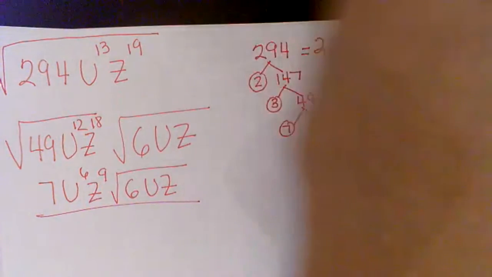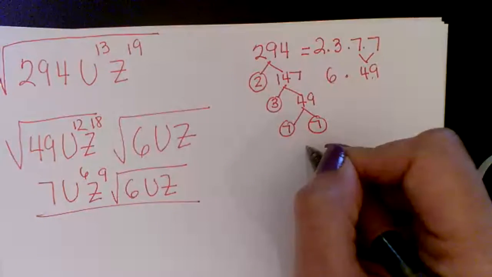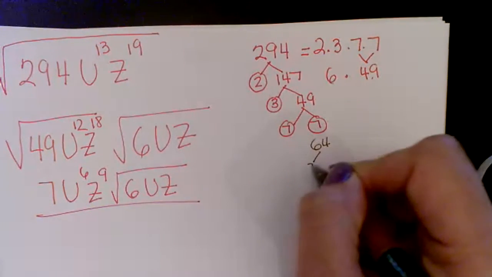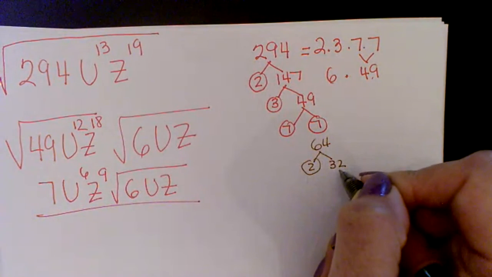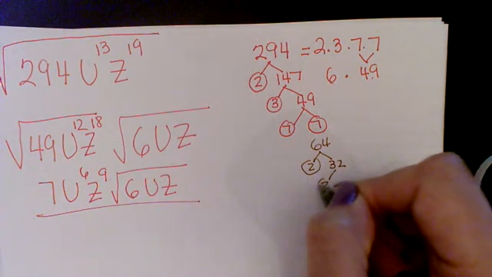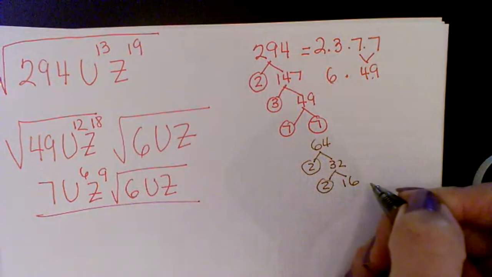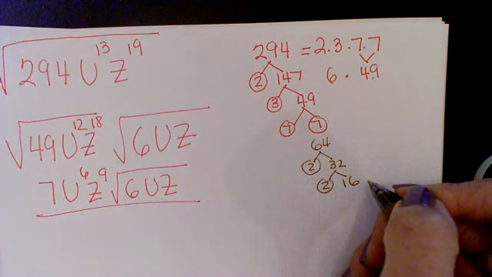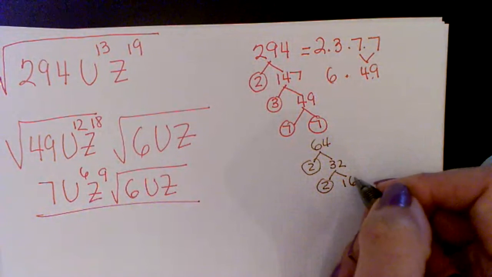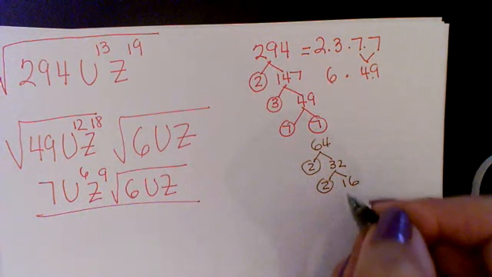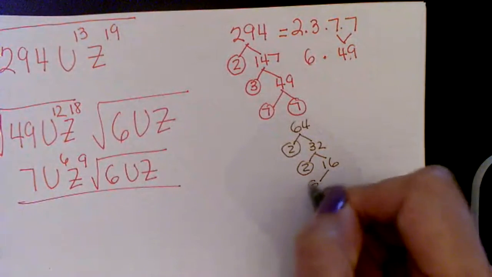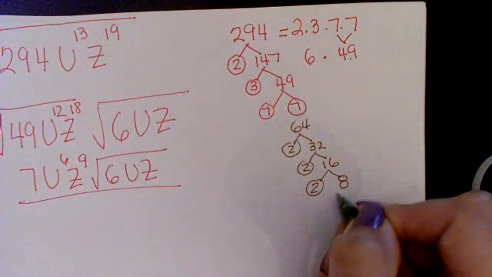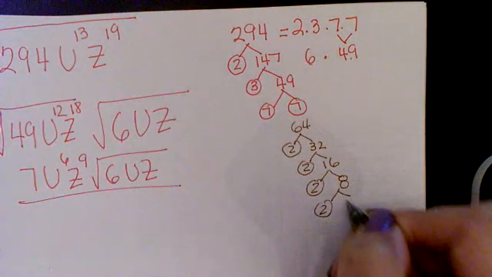For example, the one that we did, 64. 64 divided by 2 is 32, right? 32 divided by 2 is 16. Yep. 16 divided by 2 is 8. 8 by 2 is 4.